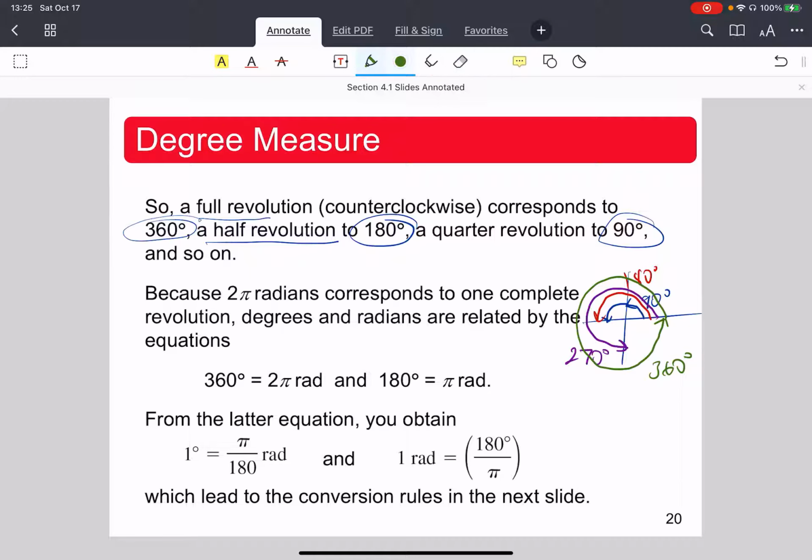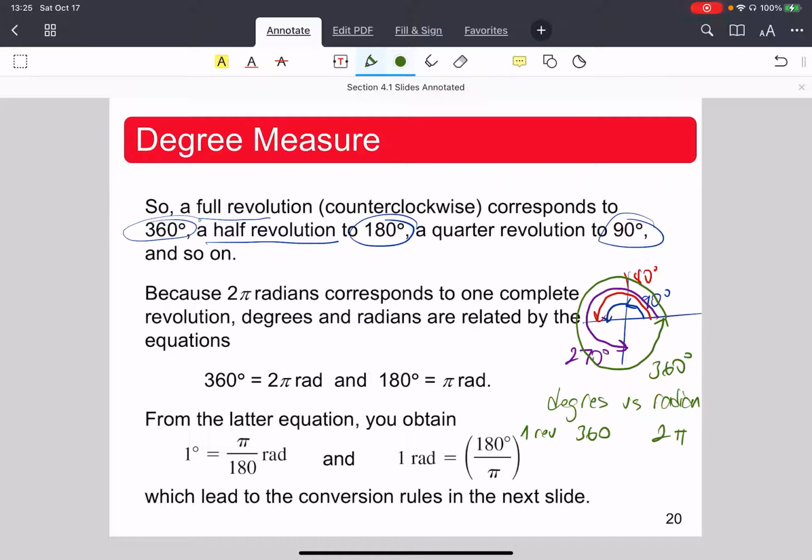All right, now we described all this, and now we're going to relate degrees versus radians. Radians is a different way of measuring angles, and degrees is a different way of measuring angles. To relate these, one full revolution in degrees is 360, and in radians is 2 pi.